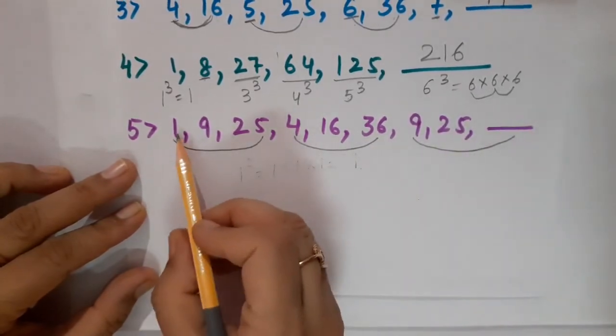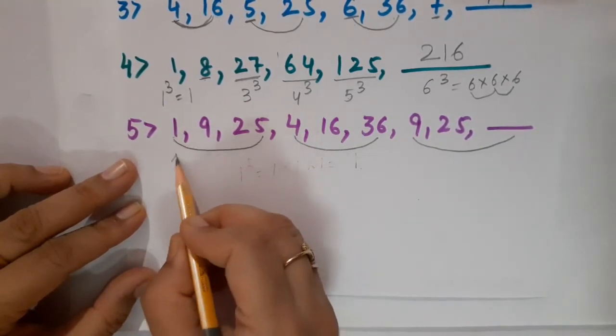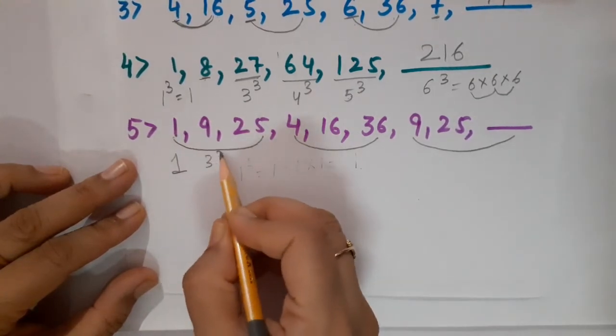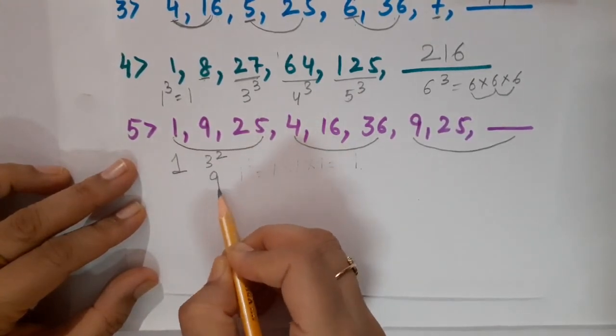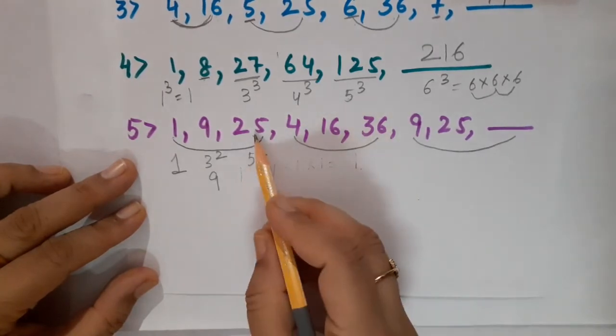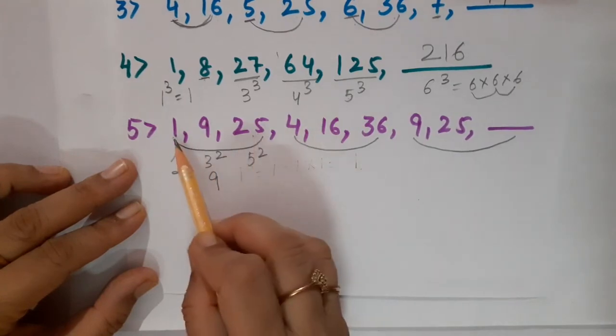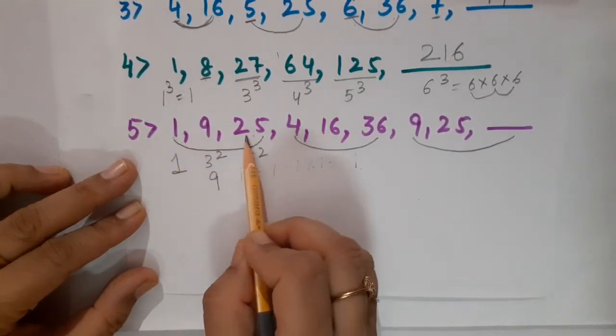Fine. How? This is 1 square, that is 1 into 1. 1 is an odd number, so 1 square will be 1. This is 3 square, 3 into 3, that is 9. Now this is again an odd number, 5 square, that is 25.